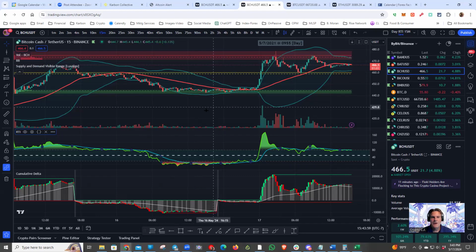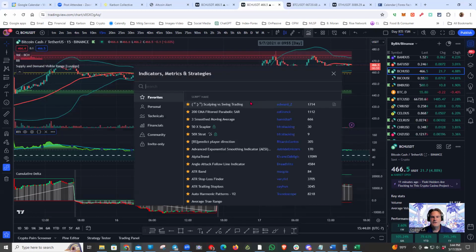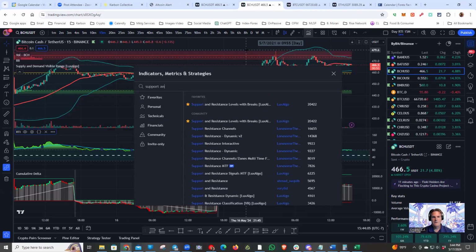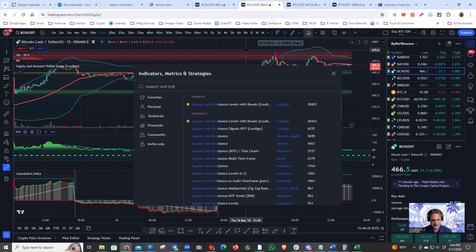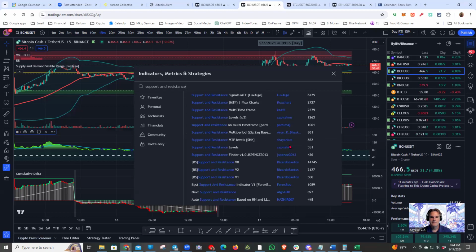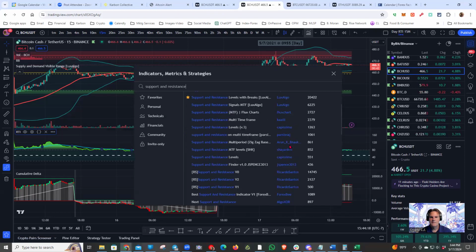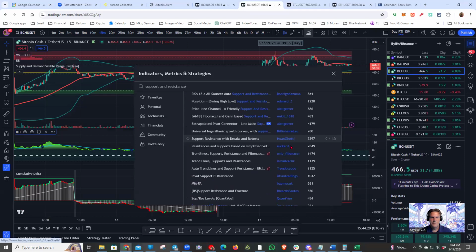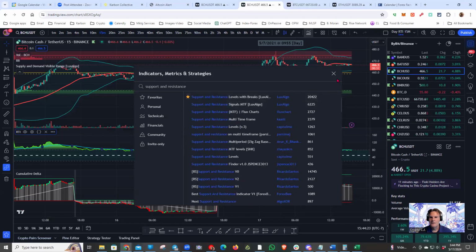If you can't get this because you're on a lower plan, go ahead and just look for another support and resistance. And I want to see if I have another one saved. It looks like that's the only one I have saved. But there's a lot of them that'll help you out with that. Yeah, there's 30 or 40 of them listed here.